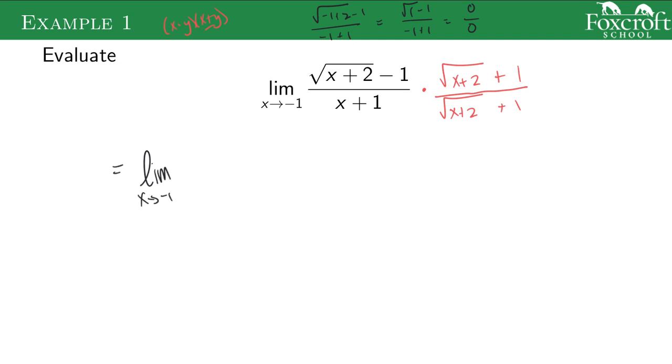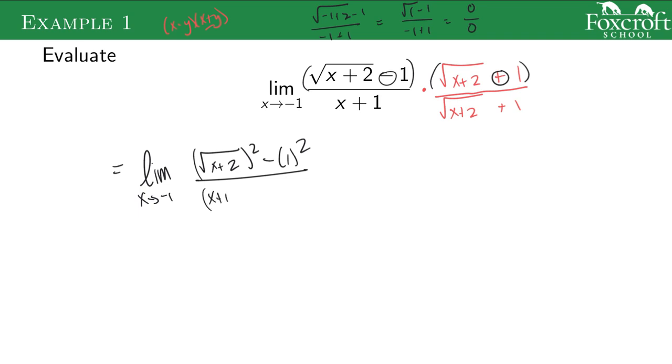On the top, because I'm multiplying the same things, but the only difference is one has a minus sign and one has a plus sign, I get a difference of their squares. So I take the first thing, which is the square root of x plus 2, and I square it. And do the subtract, take the second thing, which is 1, and I square it. On the bottom, I just get these two things being multiplied, x plus 1 times the square root of x plus 2 plus 1.